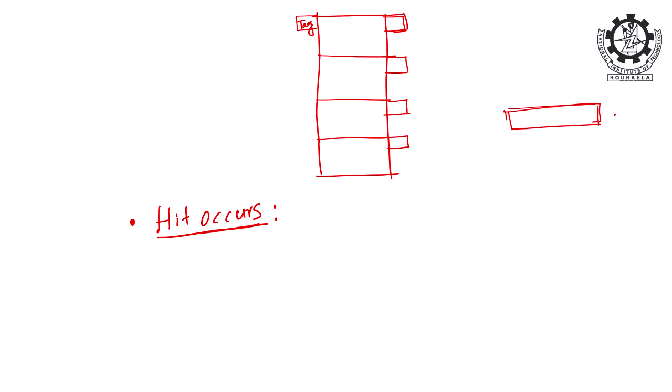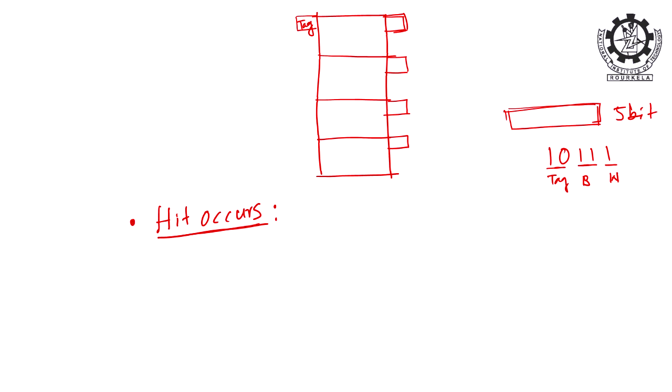Let us say main memory address is 5 bits, and the processor generates the 5 bits, let us say 1 0 1 1 1, and let us say we use direct mapping. 1 bit is used for the word, 2 bits are used for the block number, and the remaining bits are used for the tag. So this is tag, this is block, and this is word.